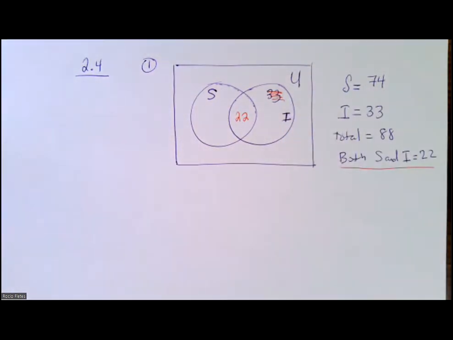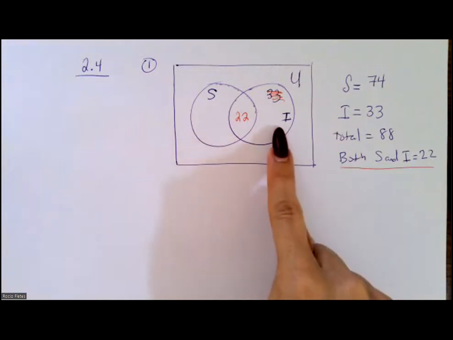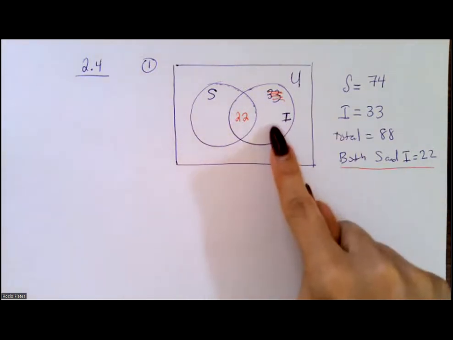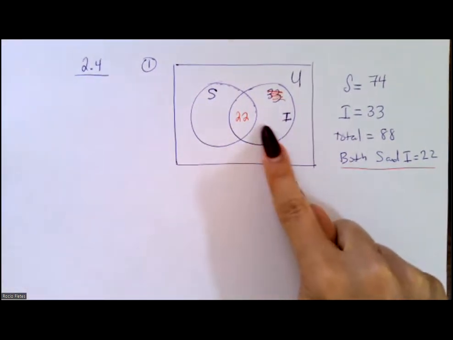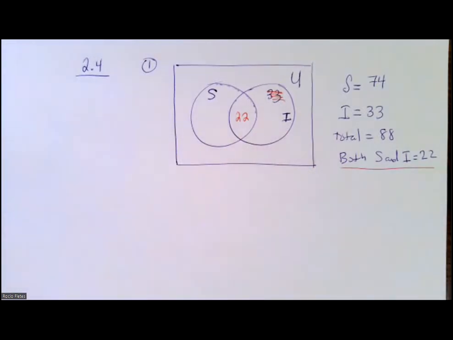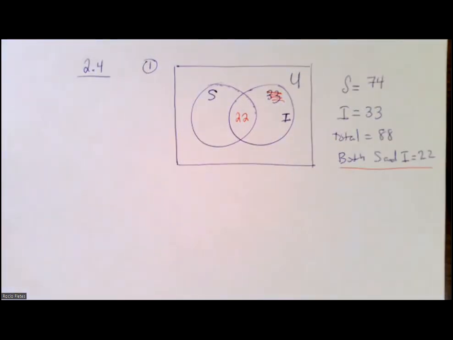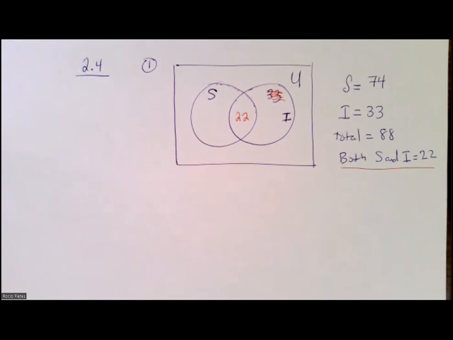Now we know that Instagram is 33. So we want to subtract 22 so that we can find the area outside of the intersection, right? So we have 33 Instagram minus 22 gives us 11 for this area here.